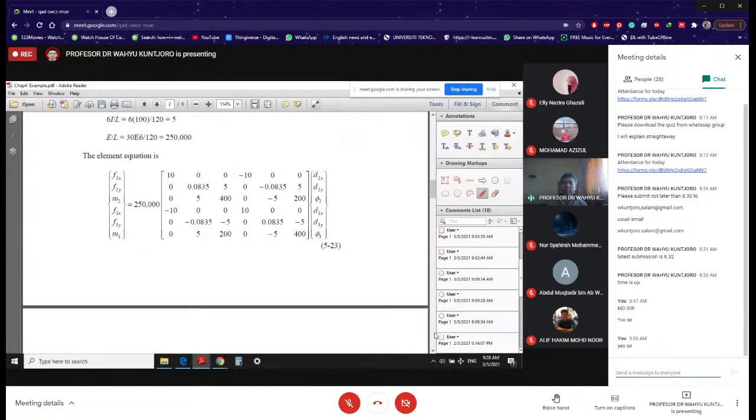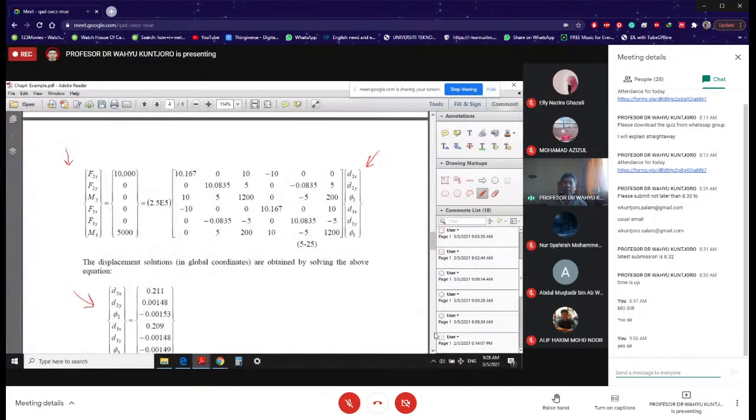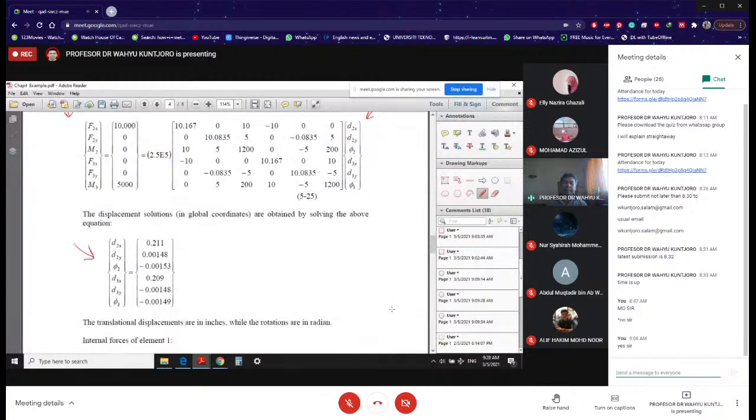So those are the units that you have to consistently use, except for the rotation. The rotation here is always in radian. So I'm going to write it here. The rotation is given in radian.